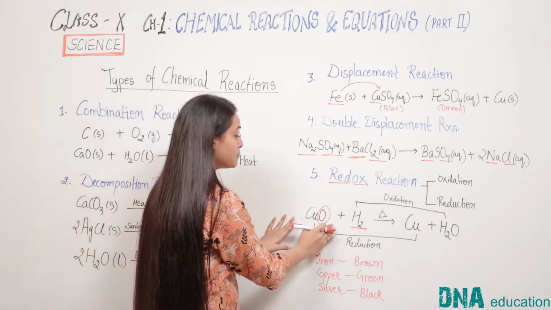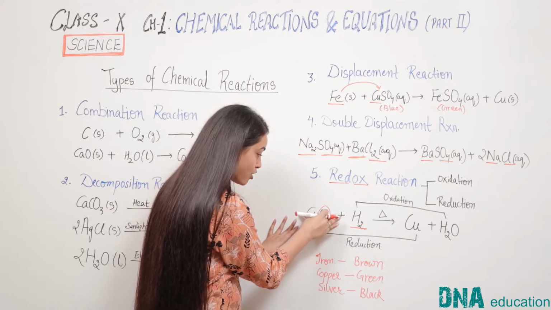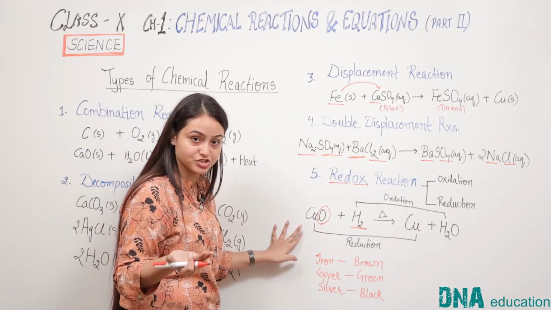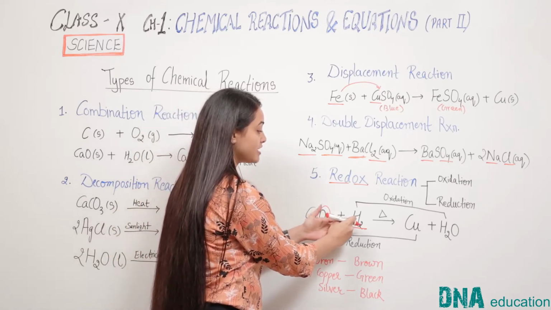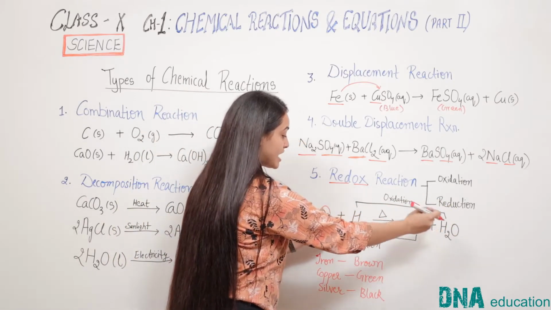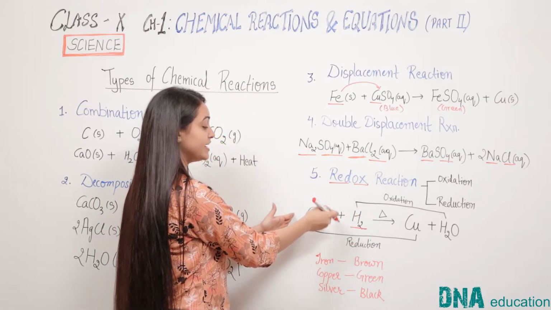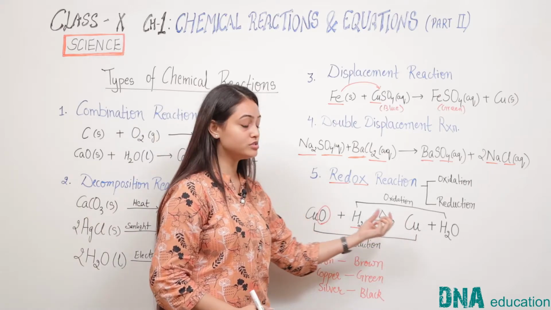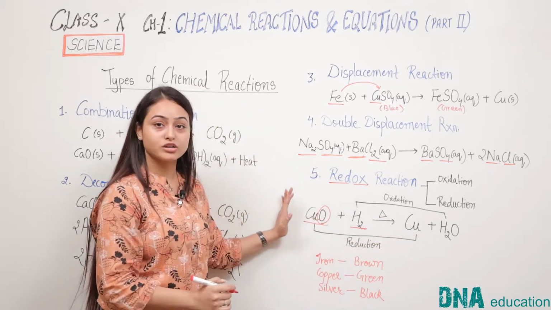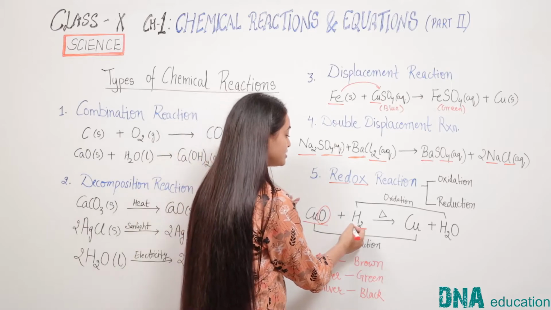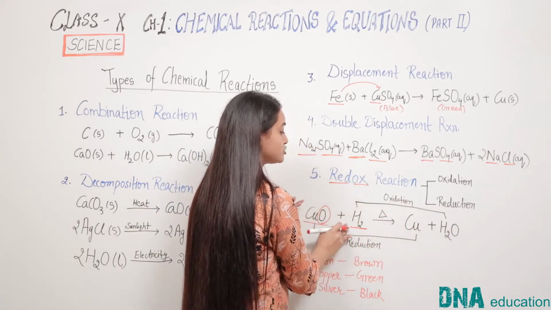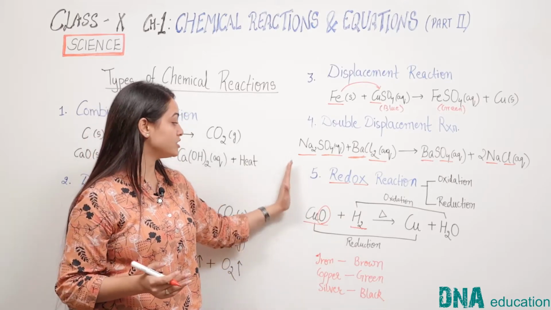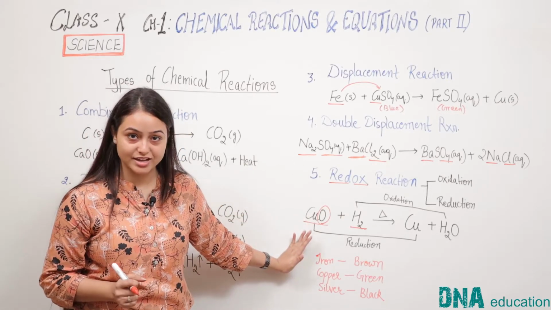So, the substance which is being reduced is called the oxidizing agent because it helps hydrogen to get oxidized, and the substance which itself is being oxidized is called the reducing agent. So this is how all this theory goes for redox reactions.